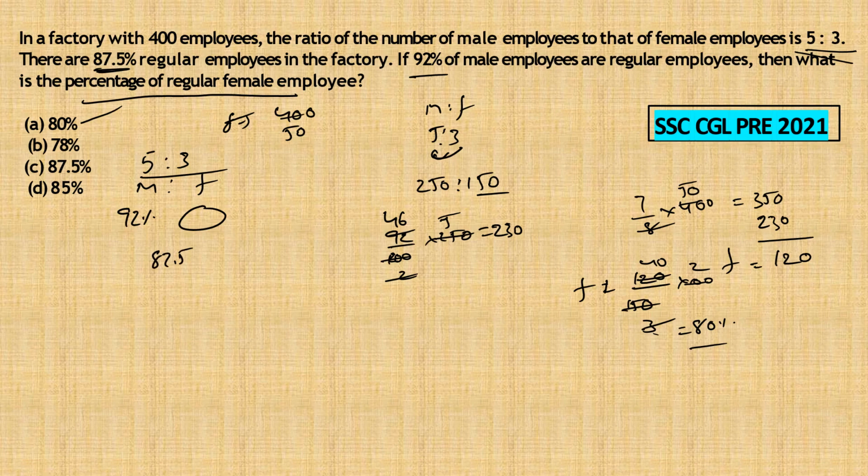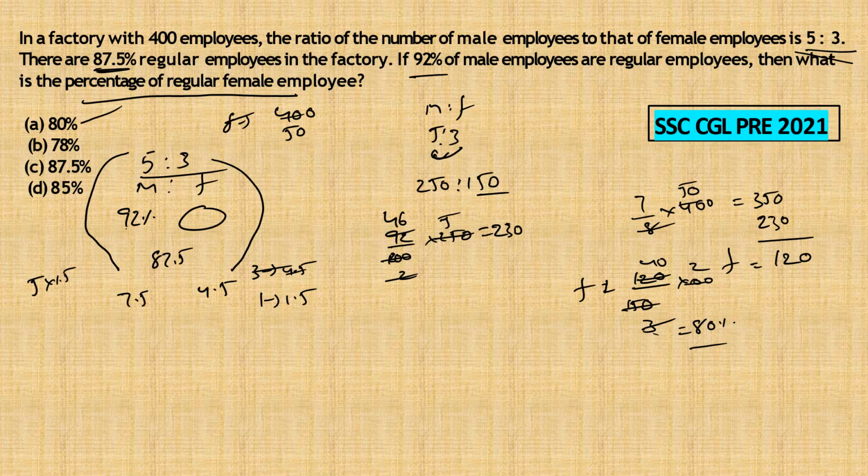If you deduct 92 minus 87.5, that is 4.5. 3 ratio denotes 4.5. 1 ratio denotes 1.5. 5 ratio denotes 5 into 1.5, that is 7.5.